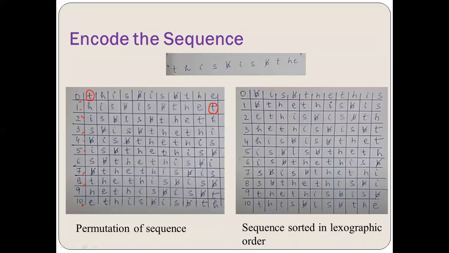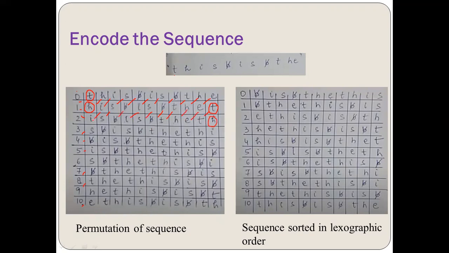So at the 0th position, T was first, and in the first row, T becomes the last, and then we follow the same order: H, I, S, B bar, I, S, B bar, T, H, and E, right? Now at the second position, again this H will move to the last position, and then the same sequence will follow: I, S, B bar, I, S, B bar, T, H, E, and T, right?